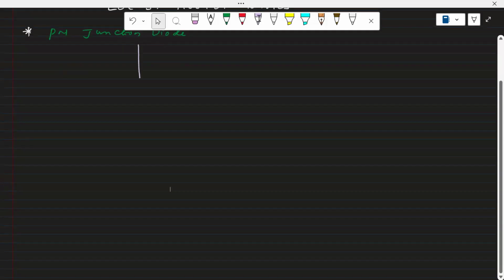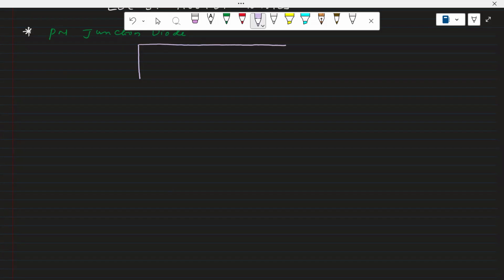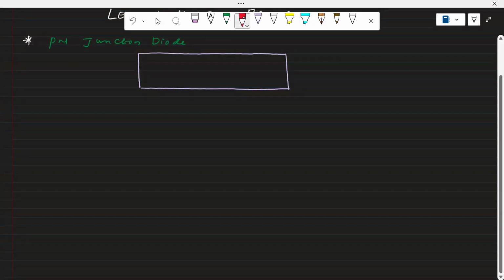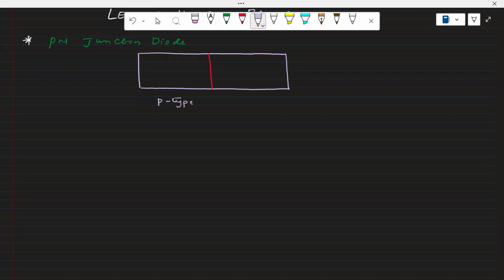So if you take a simple PN junction diode, at the middle you can see a junction is formed something like this. Consider this is the P-type, and this is the N-type.